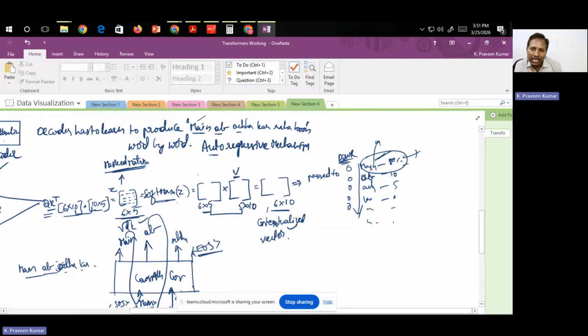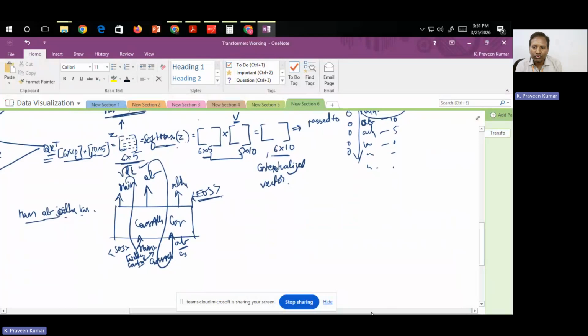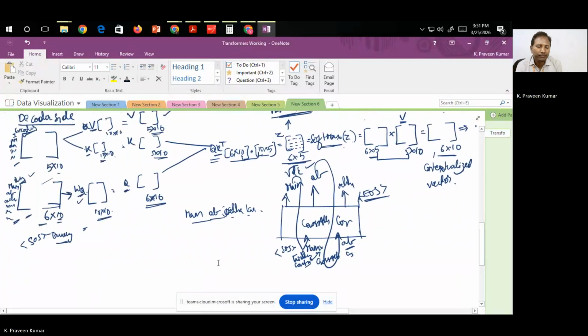And again this 'may' is going to be taken as the input, so it is going to be passed here. Now the query is going to become my word. So for this 'my', we are going to again perform the cross attention and produce the next word, 'up'.